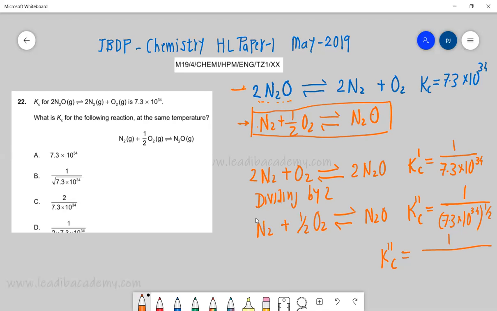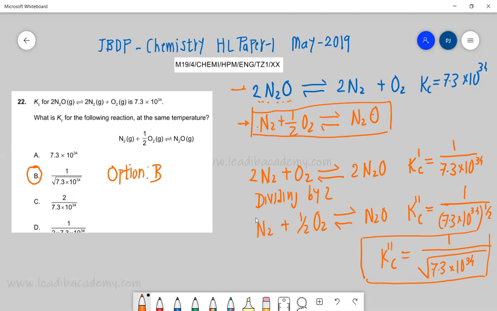You are aware of this from indices, so we can very well write a square root. Raised to half means square root. So which is the correct option? Straightforward, you can see that the correct option is B.